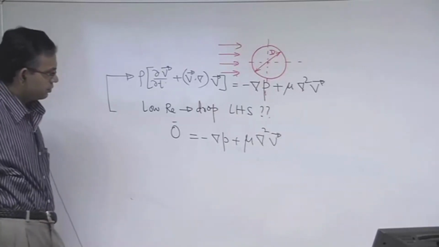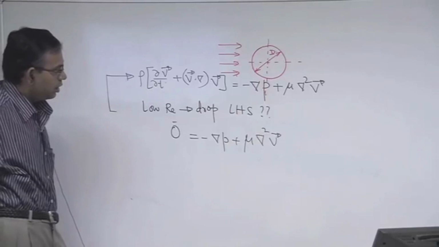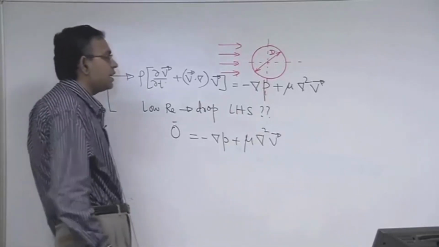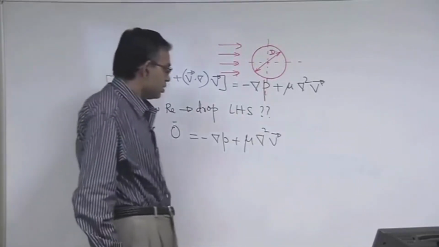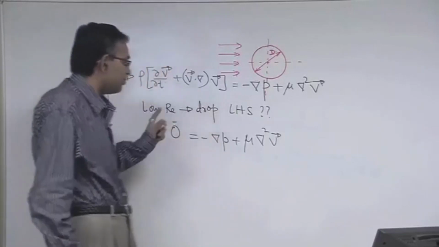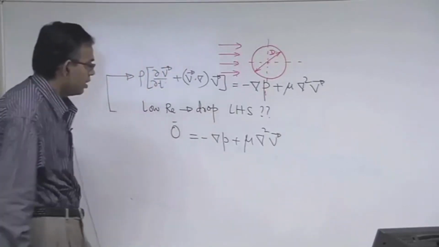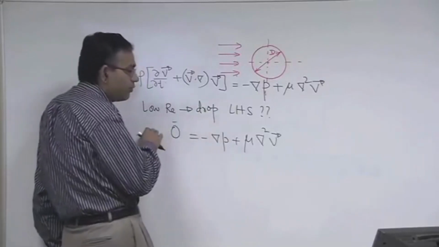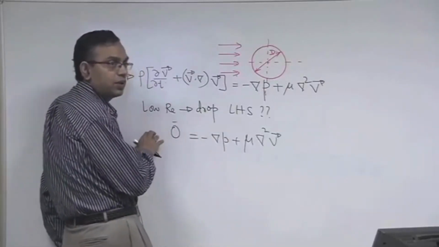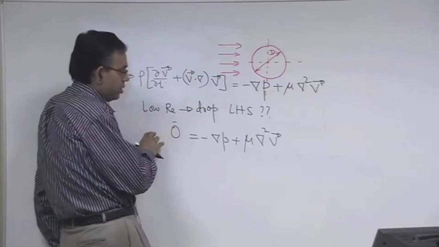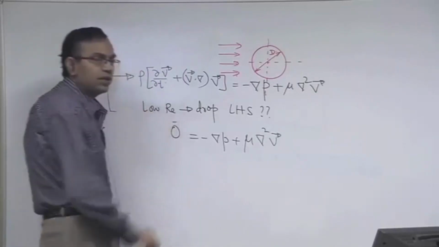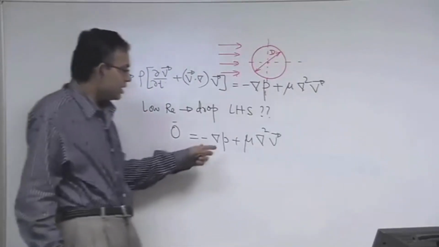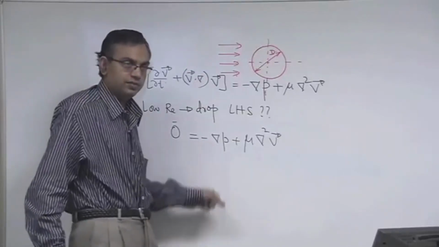Now, we will use a vector identity to simplify this problem, but first of all, before using the vector identity, we have to find out a strategy of solving this problem. So, the strategy of solving this problem, see, this equation has 3 components.